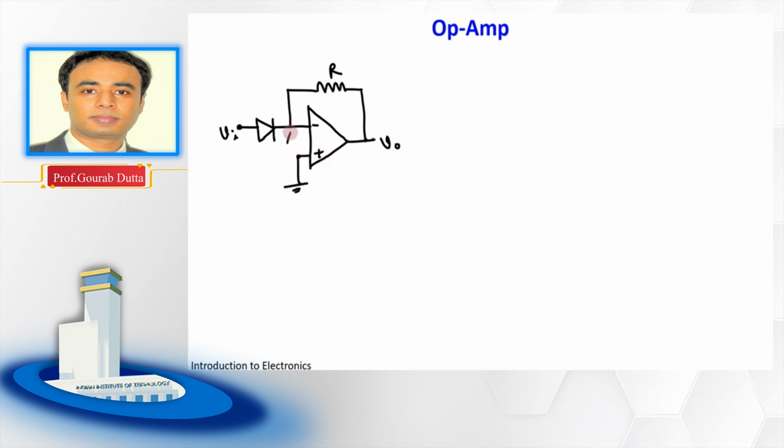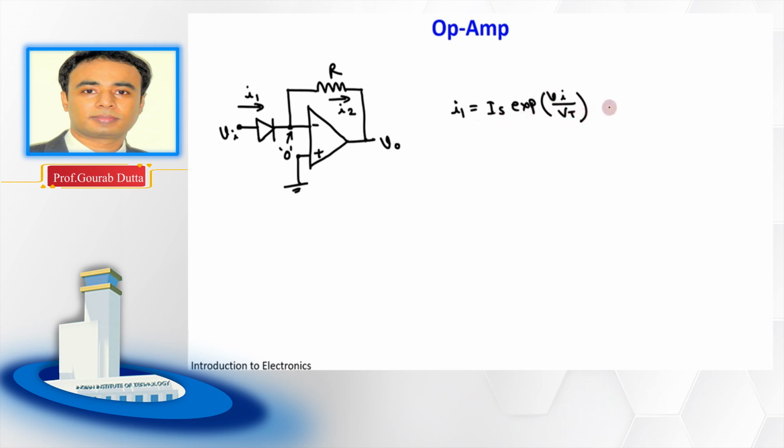Considering the virtual ground, this is again at zero potential, and if this current is I1 and the current flowing through this resistor R is I2, then I1 can be expressed as Is exponential of Vi by Vt, where Vt is the thermal voltage.